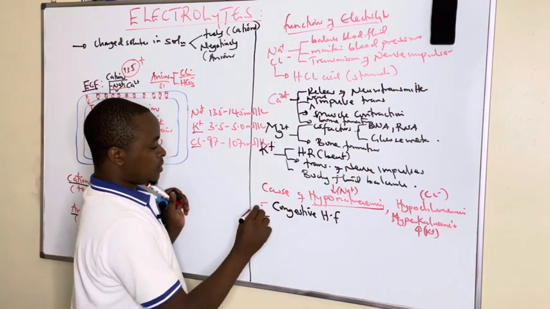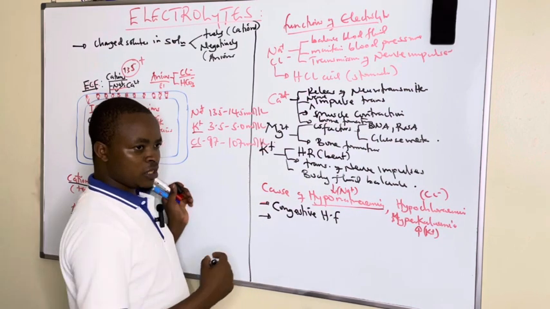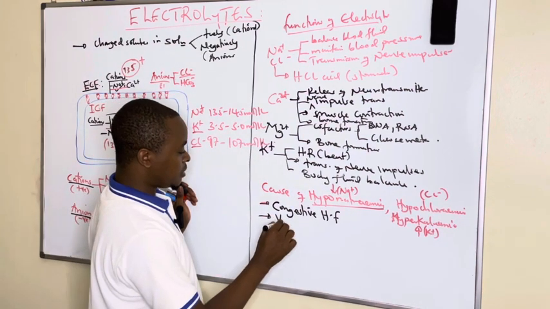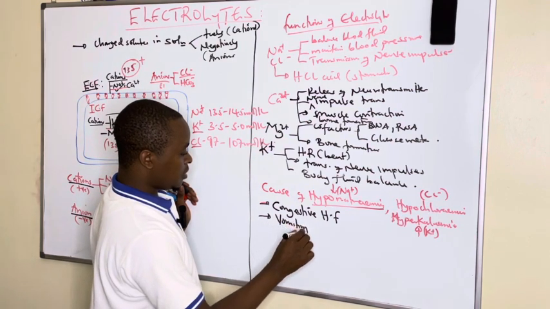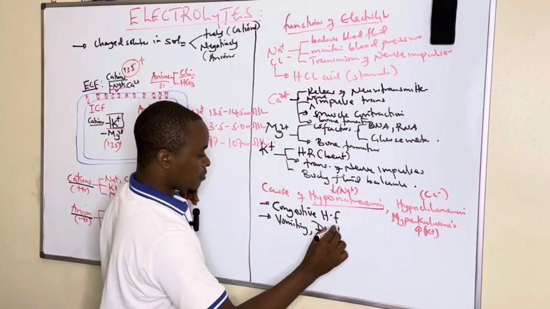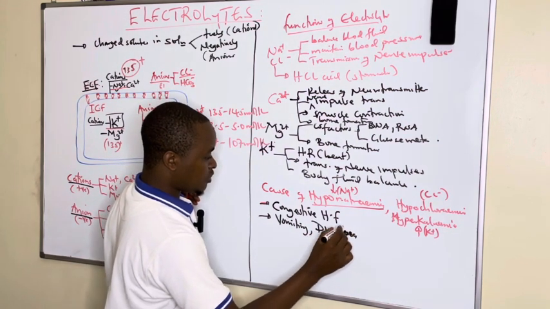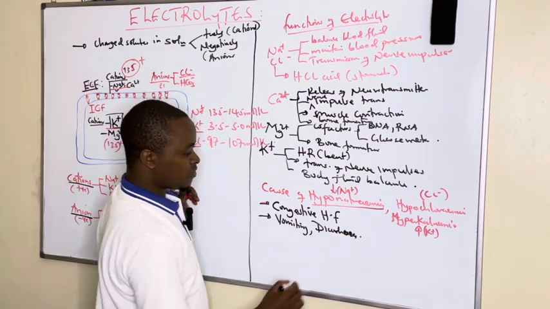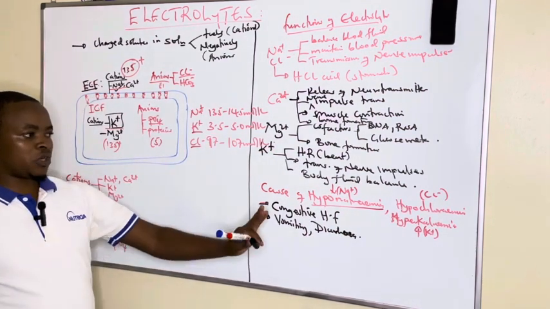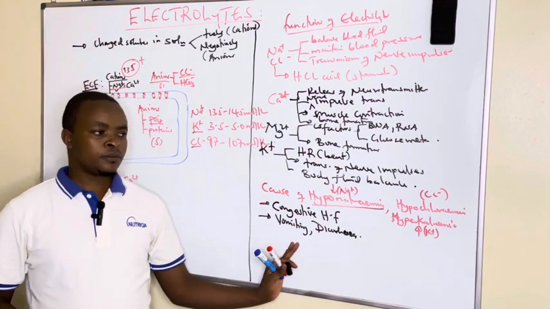We can see decreased sodium when you are having vomiting or diarrhea, whereby you're losing much of the sodium or the chloride in the stool or in the vomitus.